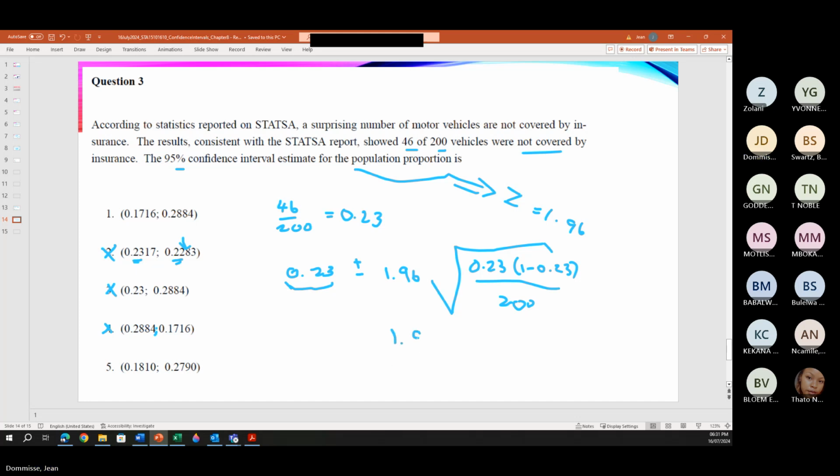So that is what I would work out. So 1.96 times that will probably be 0.0583. So 0.23 plus minus that.